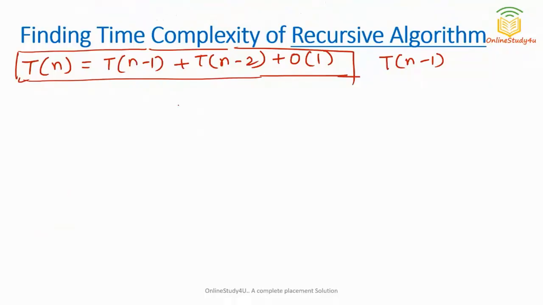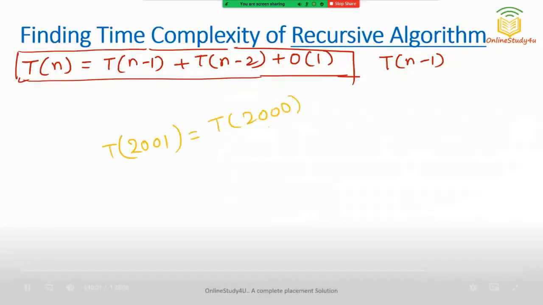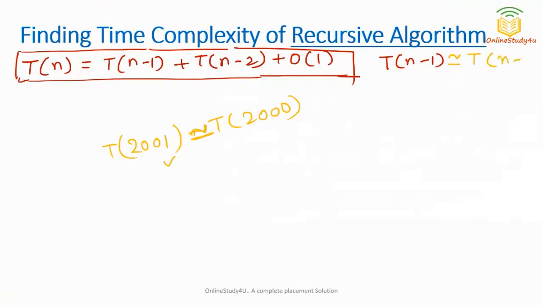So if I am finding the Fibonacci of a number like 2001, I write the time complexity for this one. Won't it be similar to the time complexity of 2000? Almost they would be similar. So we can say that T of n minus 1 will be almost similar to T of n minus 2.